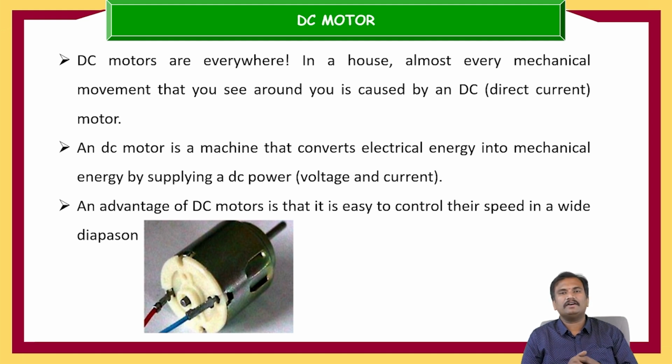Once the flux is developed, we are going to make an arrangement such that our actual electromagnetic flux, the main flux, and this armature flux should be perpendicular to each other. Then when the two fluxes are perpendicular to each other, there will be a force of attraction or a repulsion.